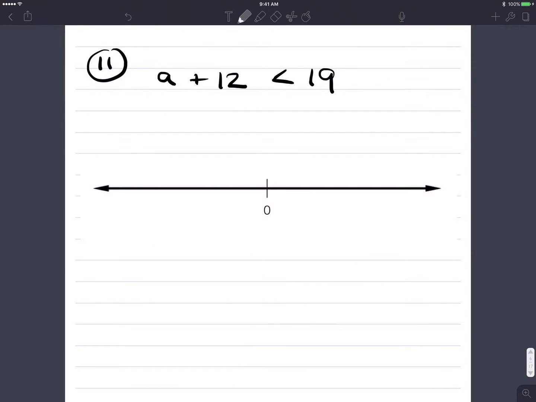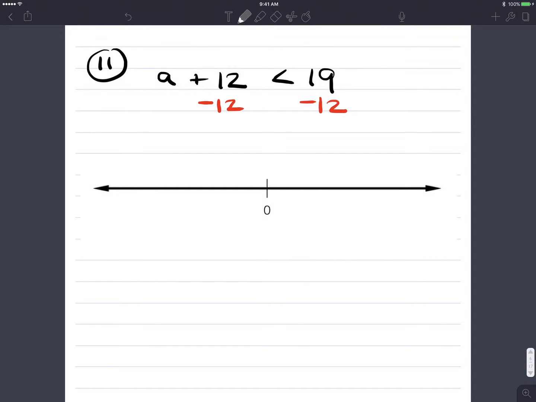Number 11. We're going to solve and graph a linear inequality. What you're looking at is A is a variable and 12 is being added to A, and that is less than 19. This is the phrase we start with. To isolate A, we're going to have to subtract 12 from both sides of this inequality symbol.